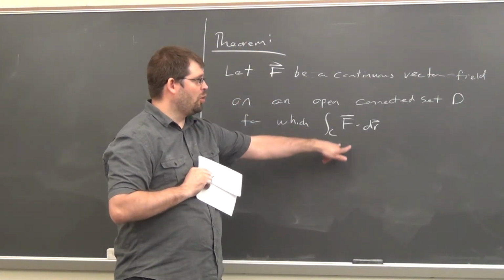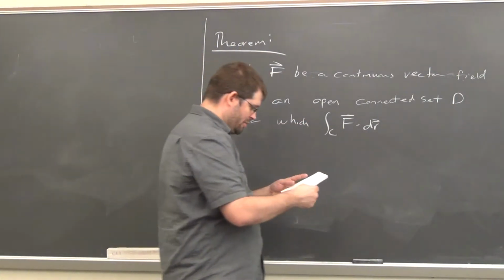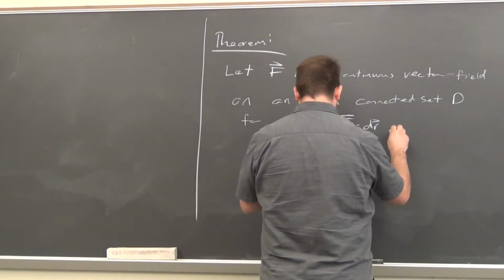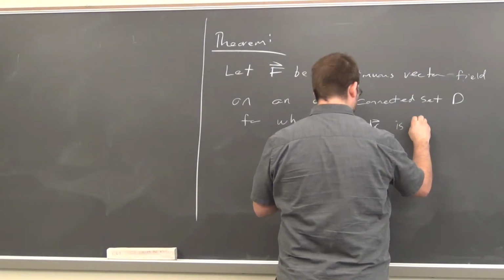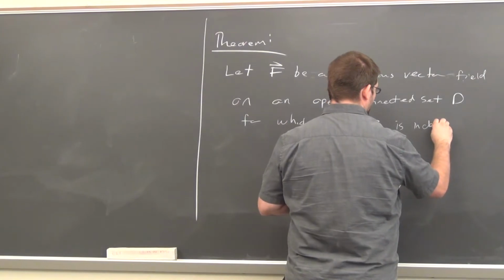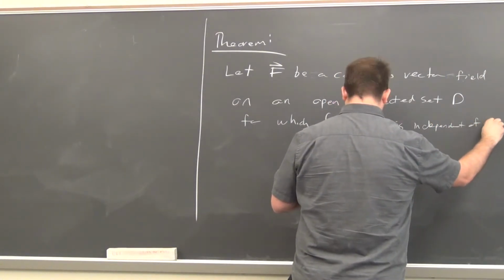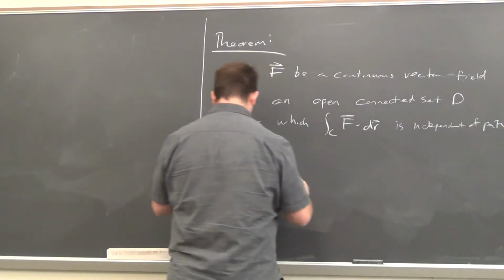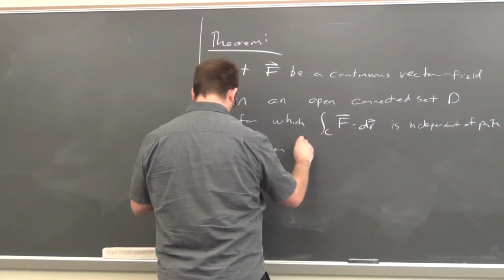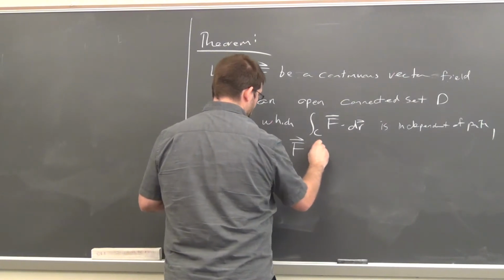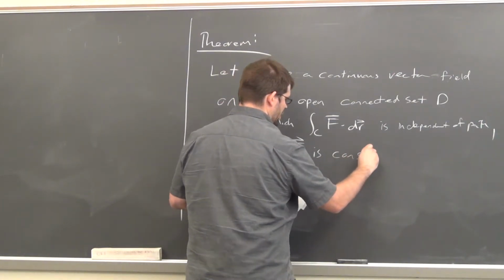Sometimes people will only talk about the line integral being path independent. So, path independent. Then F is conservative.